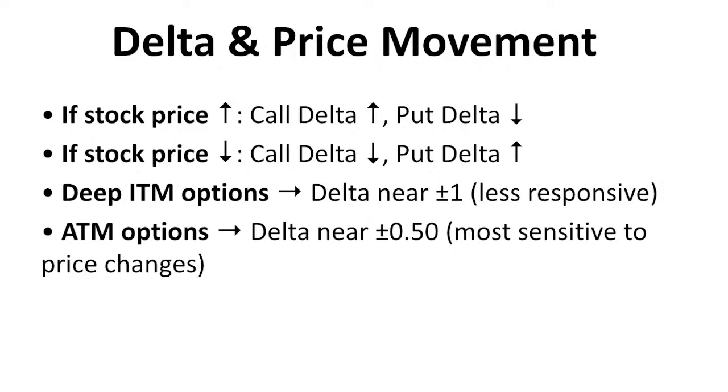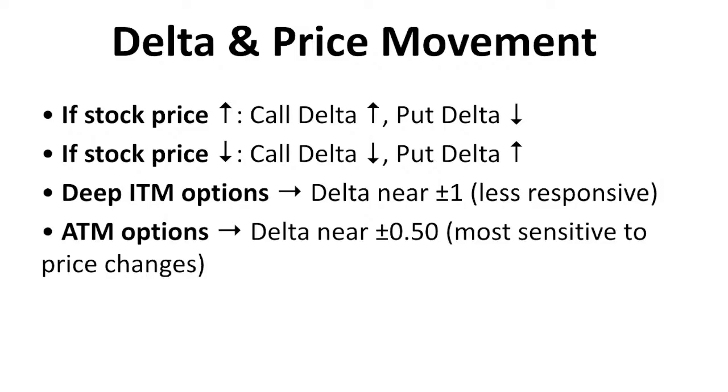If you buy a deep in the money option, the delta is always near 1. When I say deep, that means there is a very high chance that this strike price will expire in the money, so it will be less responsive.